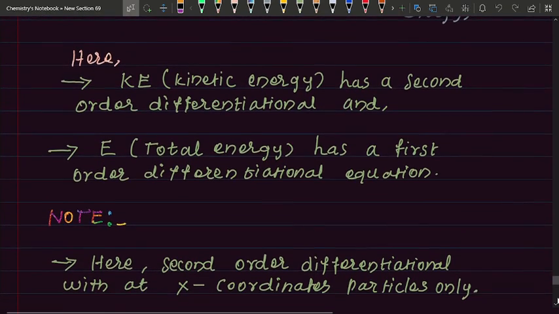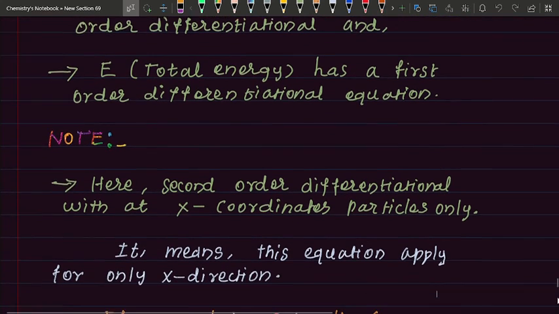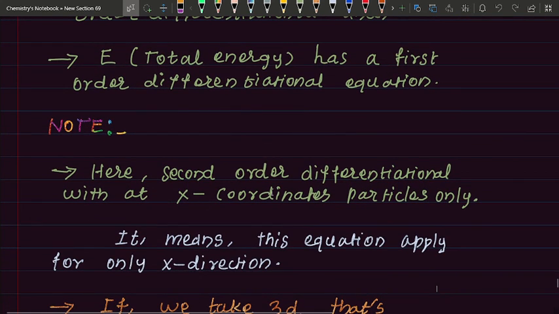Please note the second order differentiation is with respect to the x coordinate of the particle only. It means this equation applies for only the x direction.